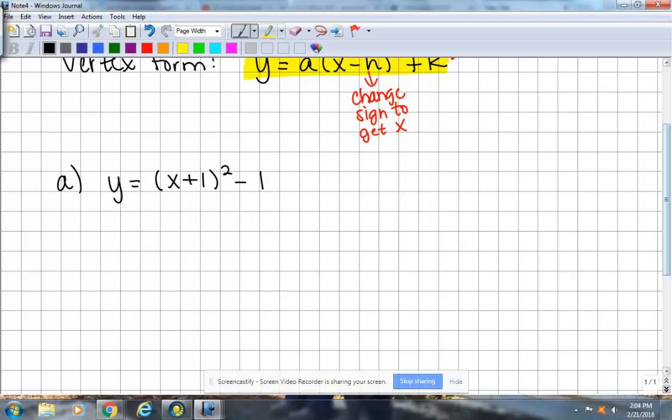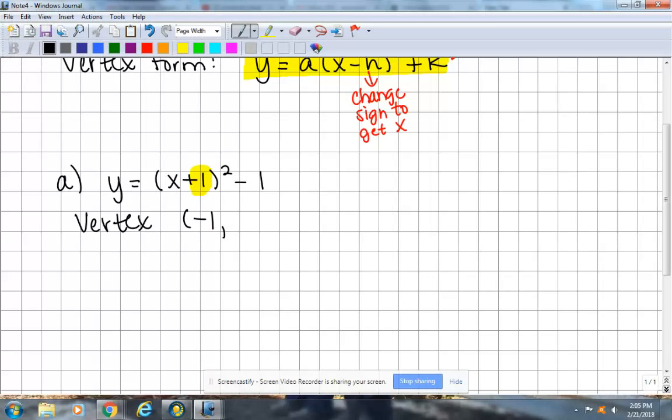Okay? So to get your x value for your vertex, you look at this number in here with the x and you change the sign. So our x value will be a negative 1. You change the sign of the 1 in the parentheses with the x.